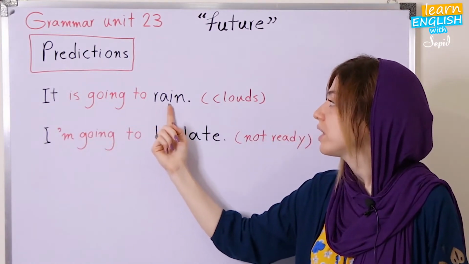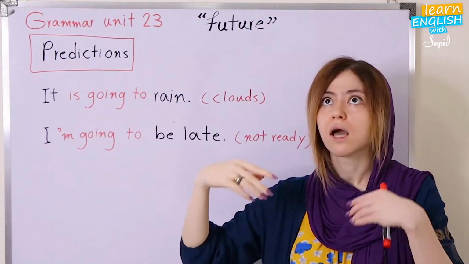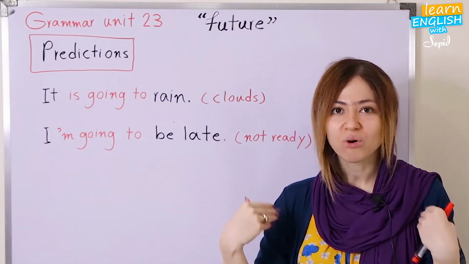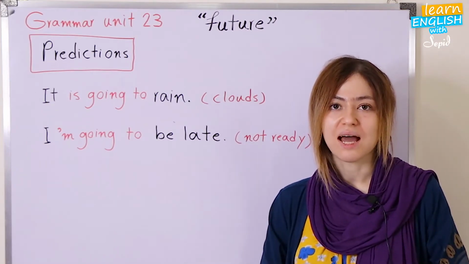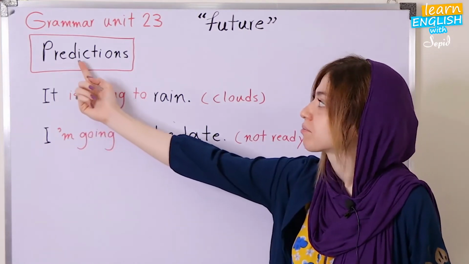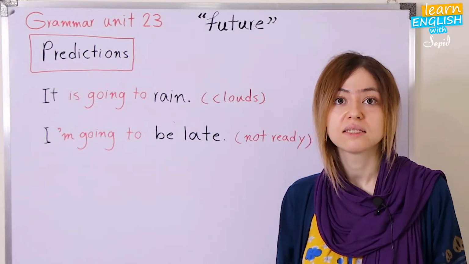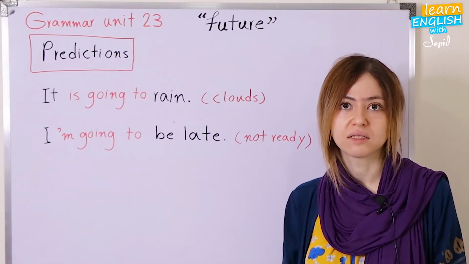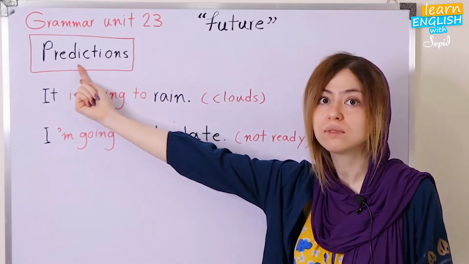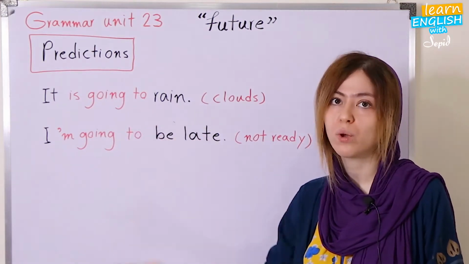It is going to rain. It doesn't show that the sky has an intention. So this is our sentence. We say that it is going to rain. But this type of prediction must be based on a sign. Remember that. We need to see something in order to form such a prediction and use be going to.